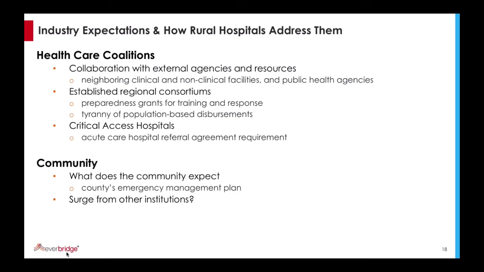If another clinical entity in the catchment area of the rural hospital suffers damage, maybe its roof comes off in a hurricane, or maybe it has become suddenly without power, you need to anticipate in the rural hospital an incoming surge of patients. This is not about casualties as much as about displaced patients.